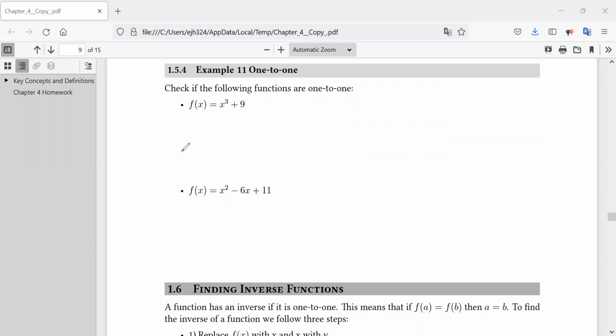Yeah, so this one will be, this one will not be. And if you just picture what the functions look like, that'll be pretty clear.